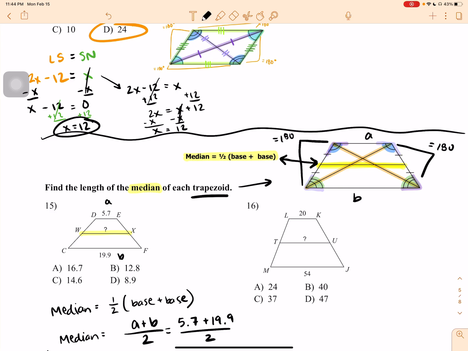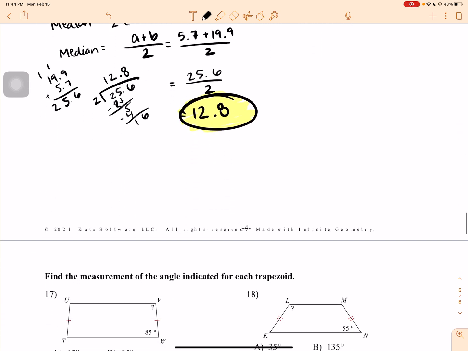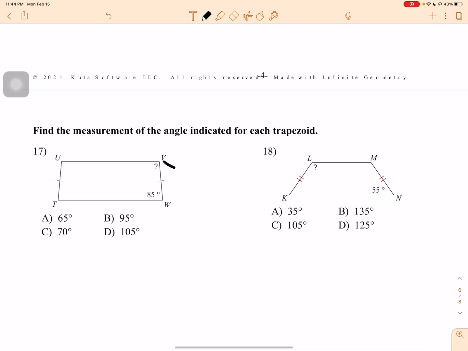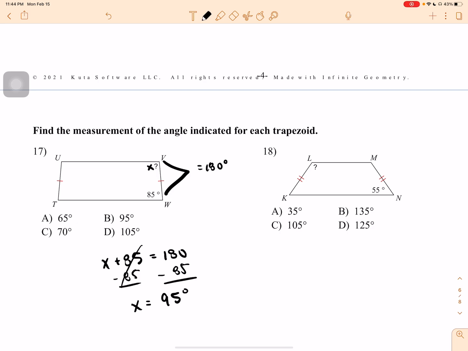Okay? So here, if I'm given those two, I know they need to add up to equal 180 degrees. So if I make this an x, x plus 85 equals 180. Well, what's x need to be? Subtract 85 from both sides to figure that out. You're going to get x equals 95 degrees.